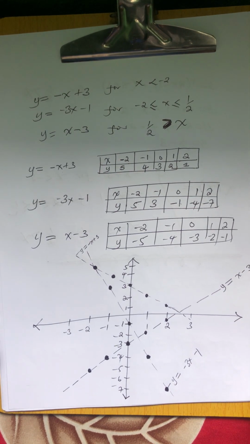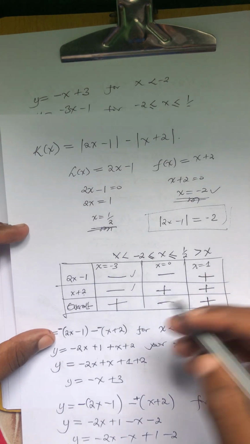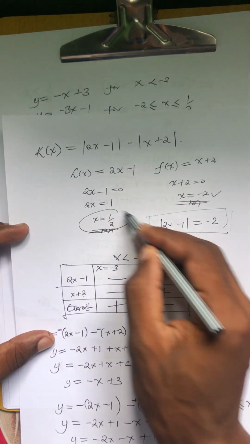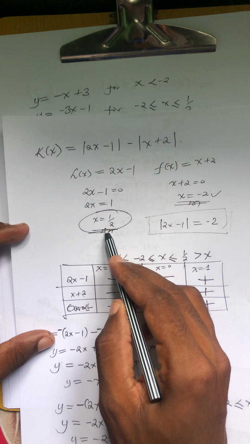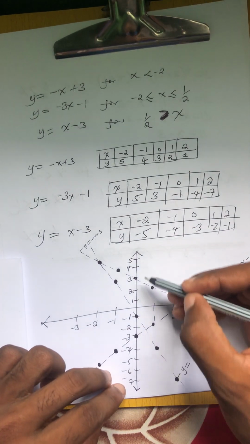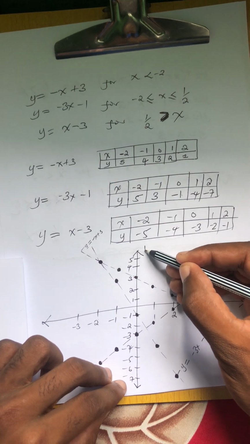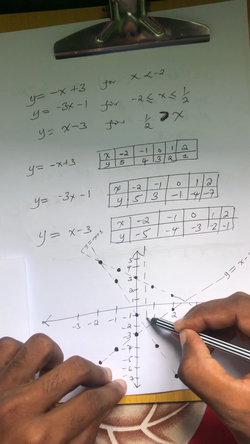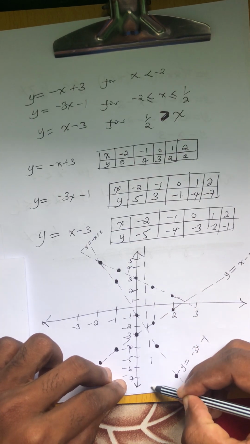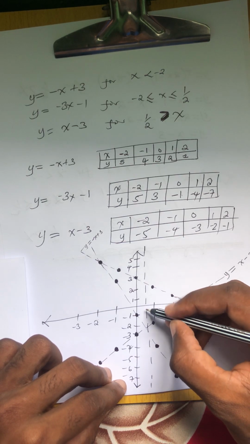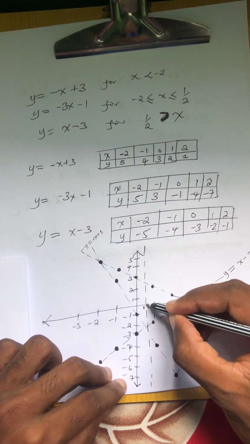Okay. Then we go back now to our critical points. So we have where x is half, and where x is 2. So where x is half is in between here. So we just draw a straight line passing through where x is half, or 0.5 there.